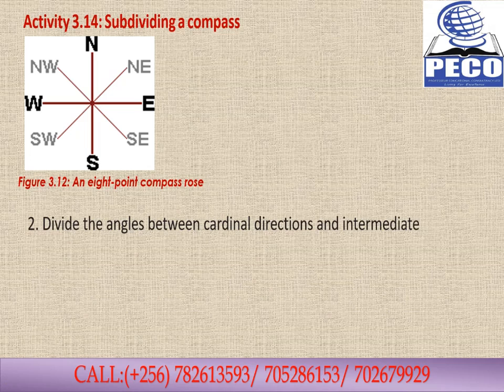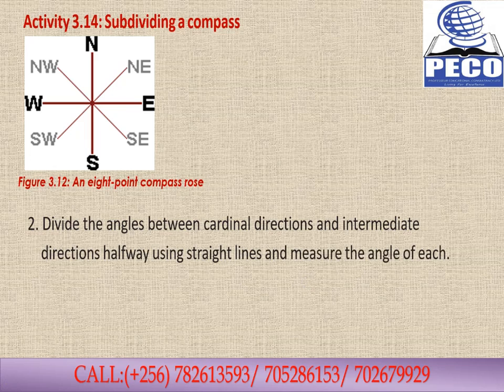Then I want you to divide the cardinal directions and the intermediate directions halfway using straight lines and measure the angles of each. So between north and northeast, then between south and southwest, I want you to draw a straight line in between.